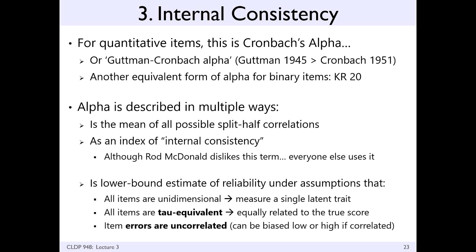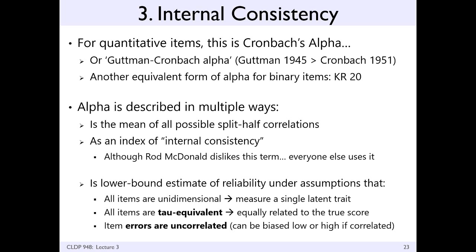It is an estimate of reliability that assumes without testing unidimensionality. Alpha is only valid if the items measure one trait. If not, it's not appropriate and it doesn't mean anything. It also assumes without testing that all of the items are what's known as tau equivalent or true score equivalent, that they're all equally good.